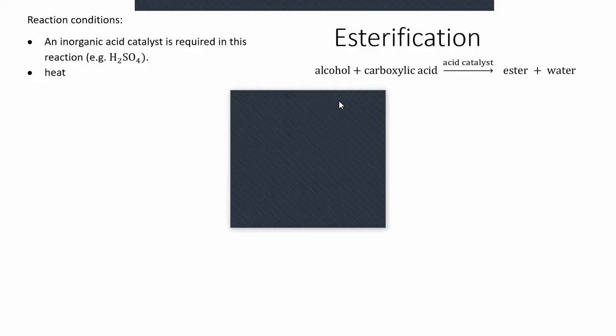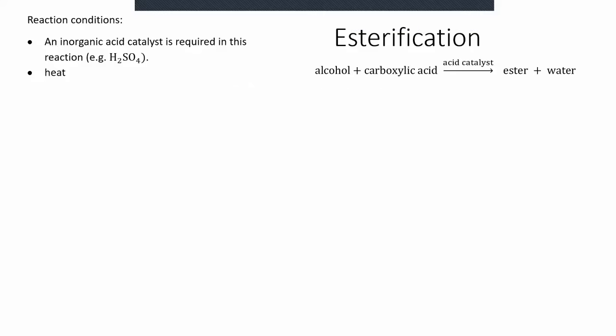Right, let's go to esterification very quickly. Esterification, believe it or not, is an example of an elimination reaction. Esterification is the reaction that forms an ester, right? An ester is formed when you react an alcohol plus a carboxylic acid.